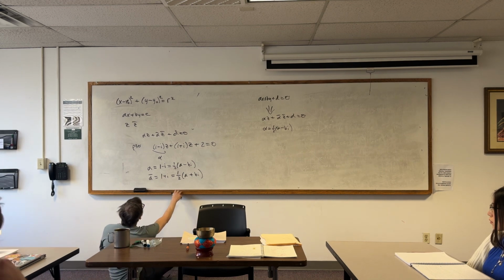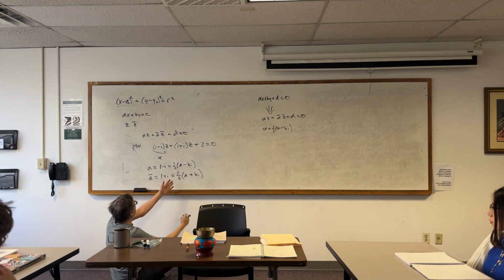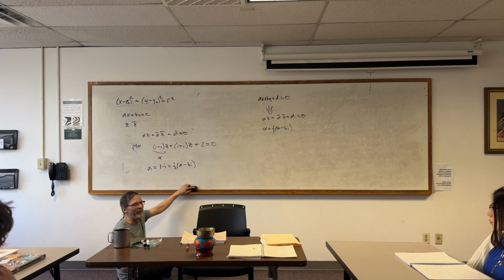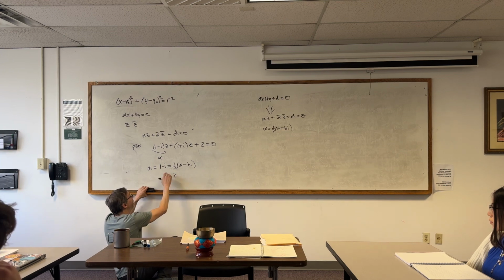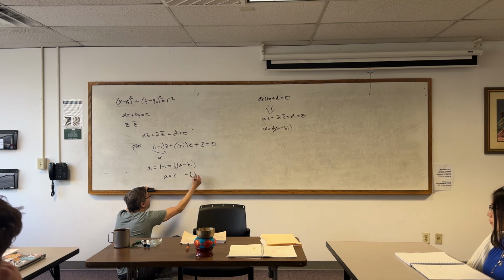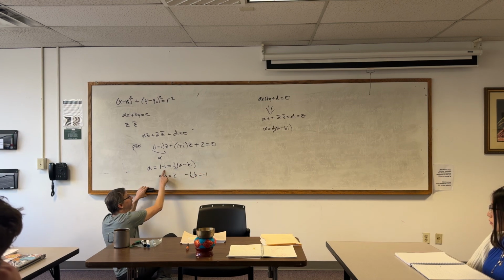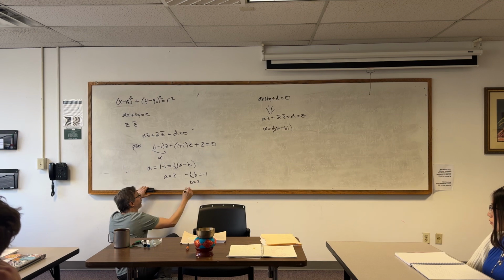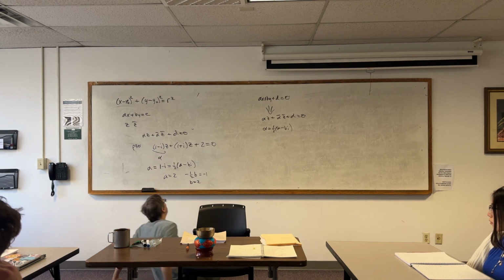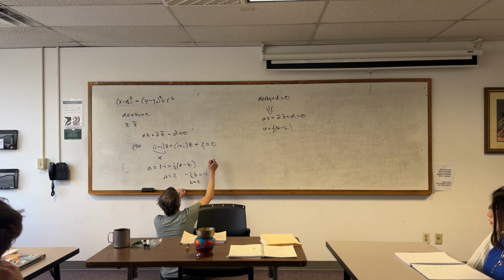And you only need one of these. You can read off what a and b should be from here. Because 1/2 a is 1, so a equals 2, and negative 1/2 b equals -1, so b equals 2. And d is always this number, so that's in common, so this thing must be 2x plus 2y plus 2 equals 0.